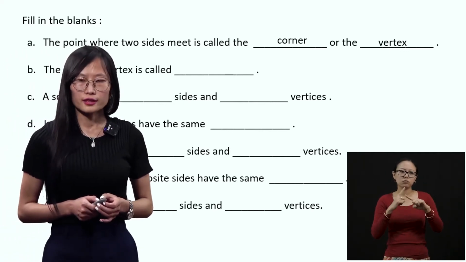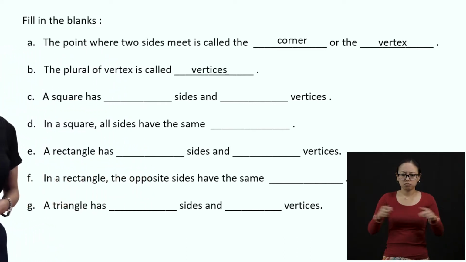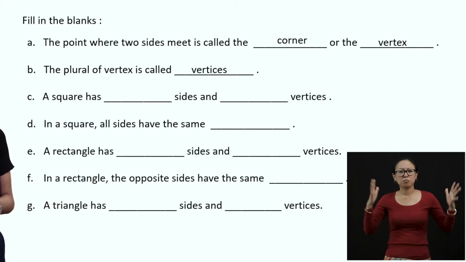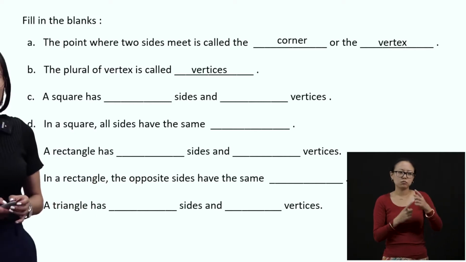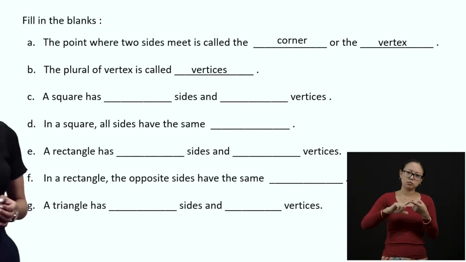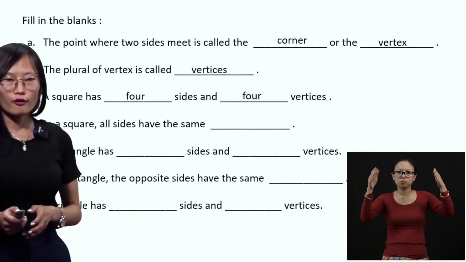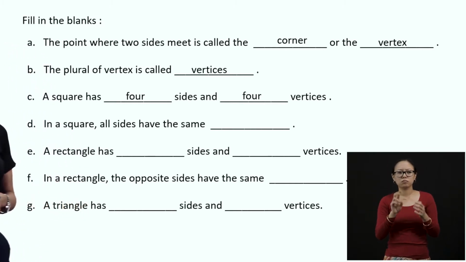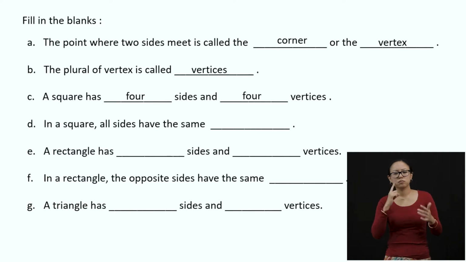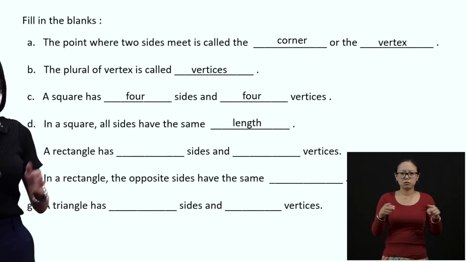It is called vertices. C, a square has dash sides and dash vertices. A square has four sides and four vertices. In a square, all sides have the same length. All the four have the same length.